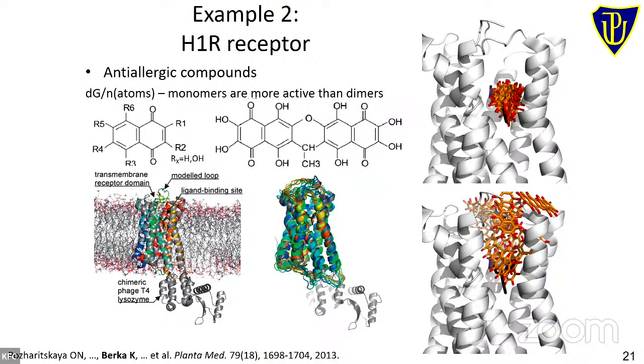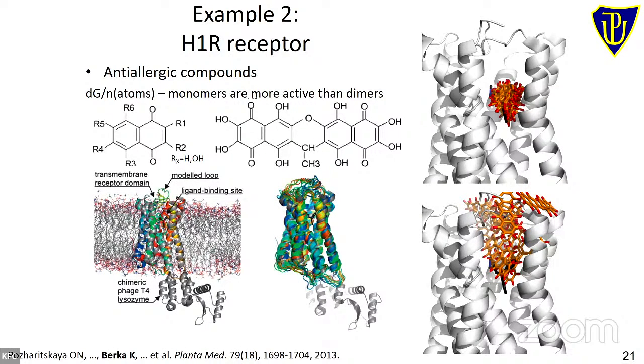Sometimes another thing you have to think about is that the interaction energy will depend on the size of the molecule. This is our docking into the histamine 1 receptor, where we had these compounds found in Portugal and analyzed in St. Petersburg for their anti-allergic properties.